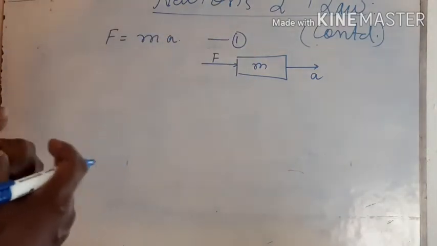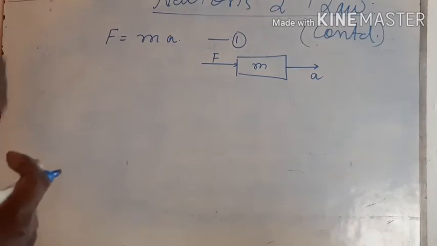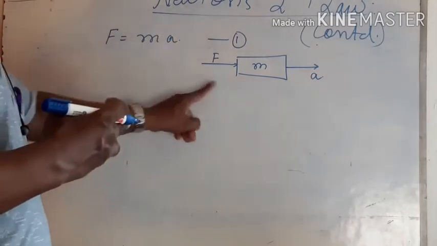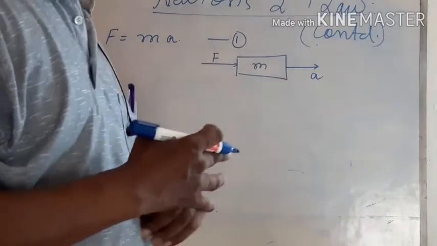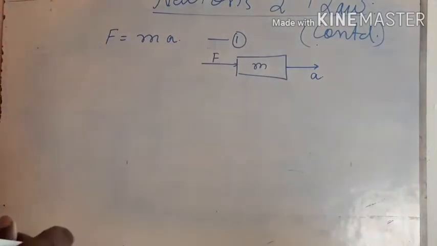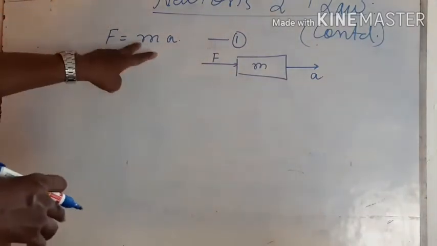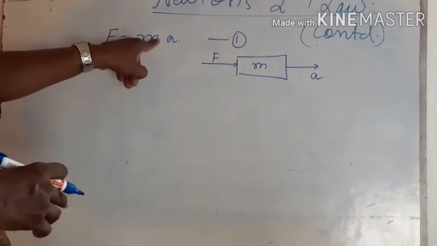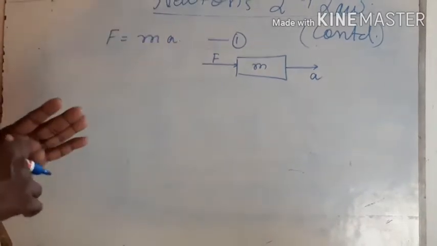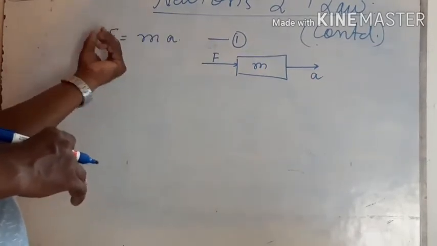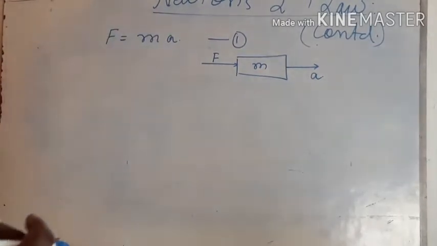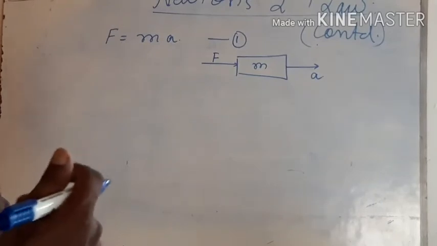Now our question, our motive, is to find how much force is being applied such that the acceleration A is produced. So we can find it from this formula by knowing the mass m and the acceleration measured. If we multiply this mass and acceleration, we will get how much force is being applied on the body, right?